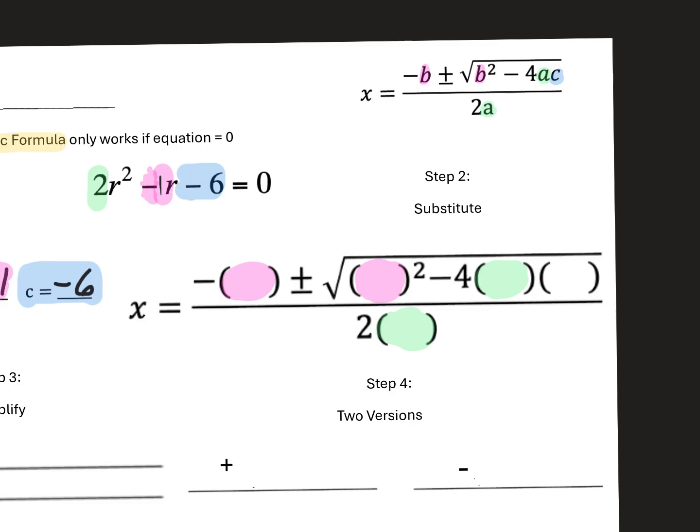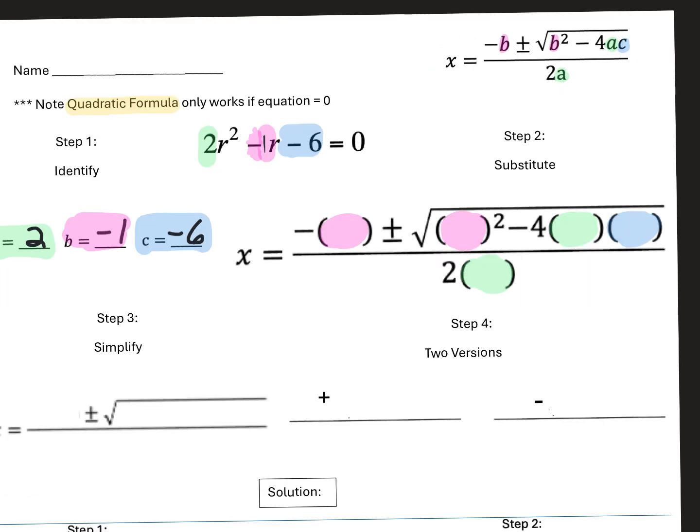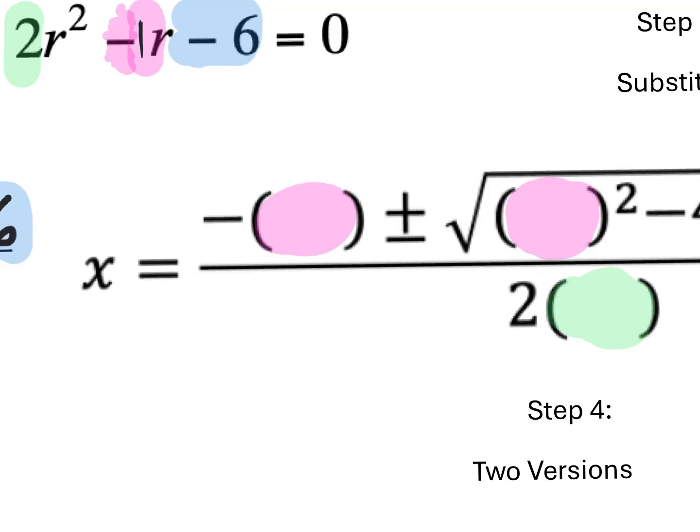So every place I have an A, I'm making it green. Every place I have a B, I'm making it pink. And every place I have a C, I'm making it blue. And now I'm going to fill the correct numbers into the blanks. So here, be very careful. Notice that B is a -1. So that means that when I go to substitute B in here, I need the negative and the 1.